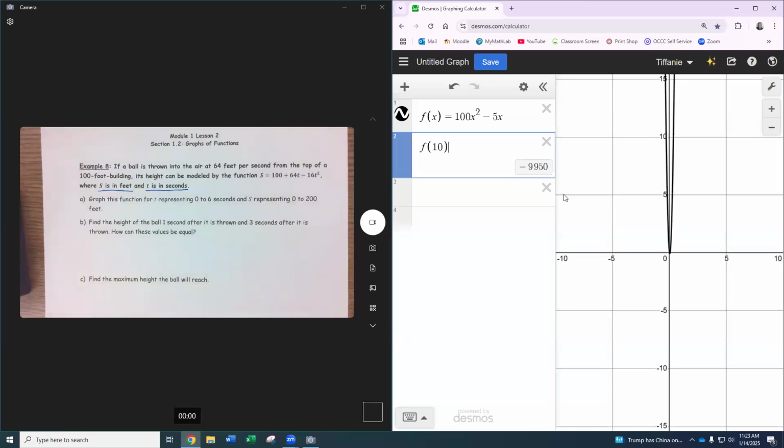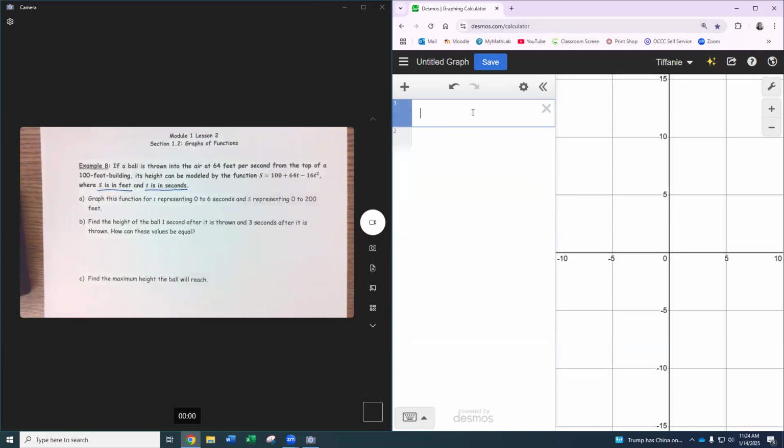So first thing I want to do is graph this function for t representing 0 to 6 seconds and s representing 0 to 200 feet. Okay, so I can go about this a couple different ways. And let's go ahead and do it this way. Let's go ahead and type this in here.